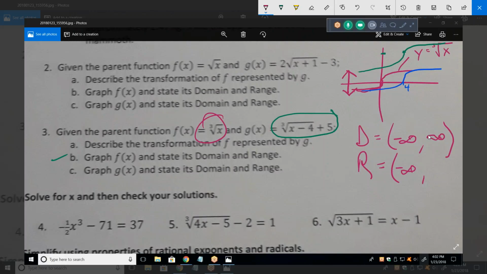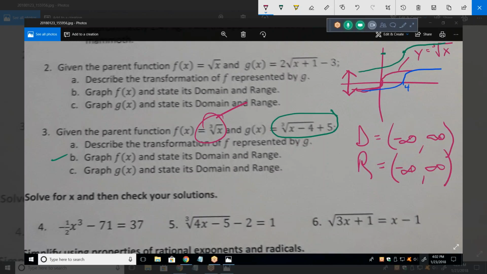Infinity. Even though it's not obvious by looking at that red line, because it almost looks like there could be a horizontal asymptote there. But if you look at the algebraic function, if you take the cube root of 1,000, you get 10.